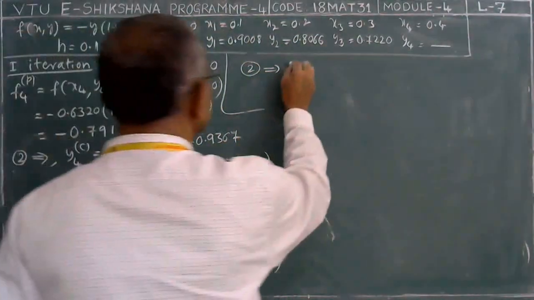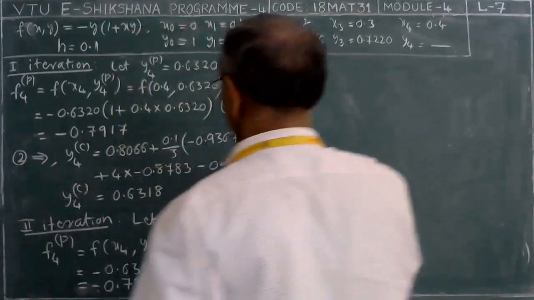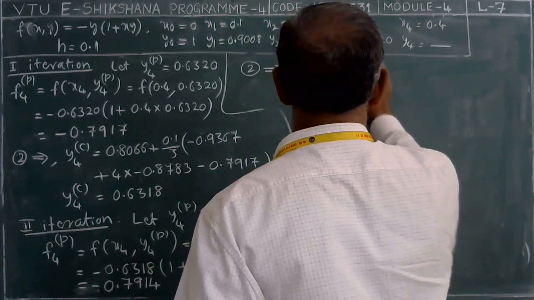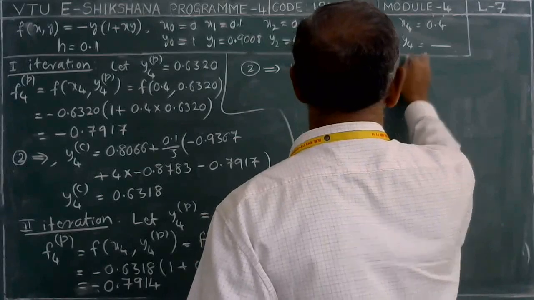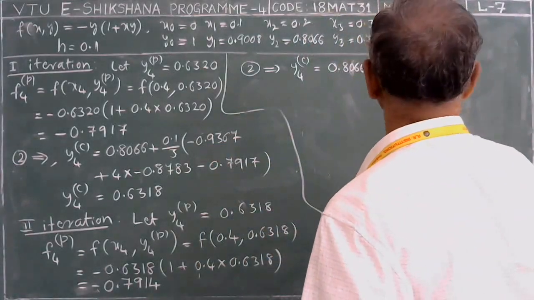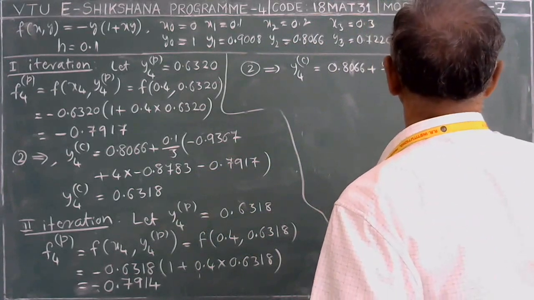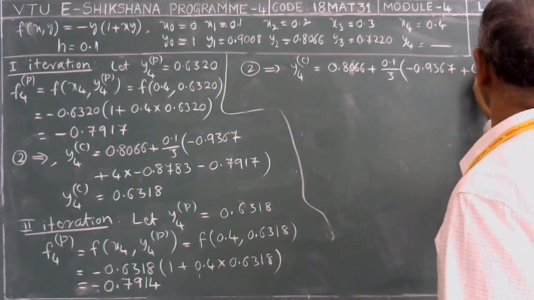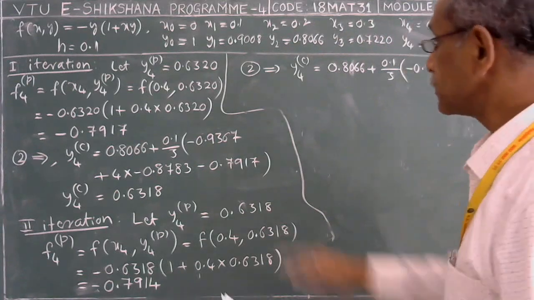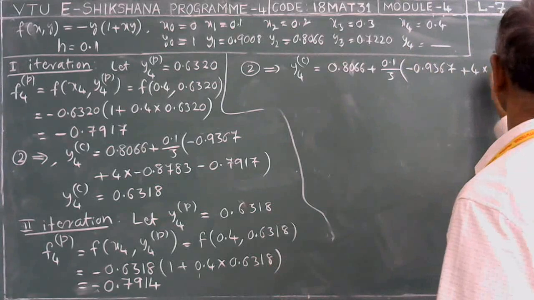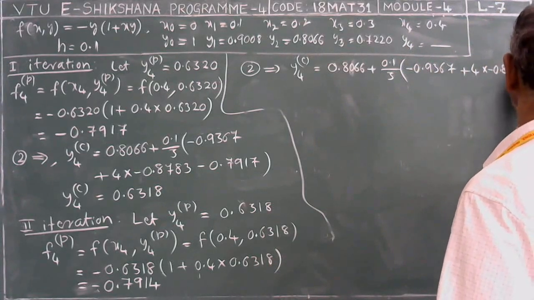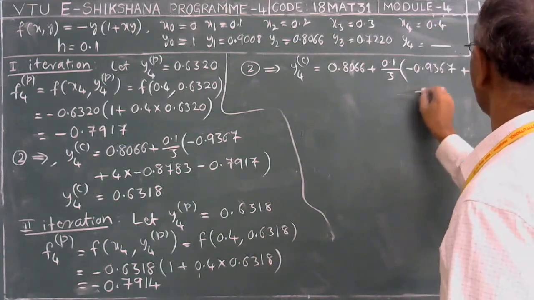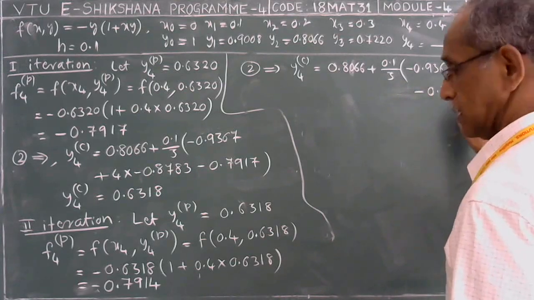Same thing, y4c is equal to y2, 0.8066, plus 0.1 by 3 into f2, minus 0.9367, plus 4 into f3, minus 0.8783, then plus f4p, that is minus 0.7914.